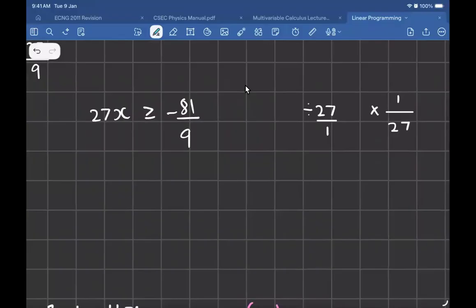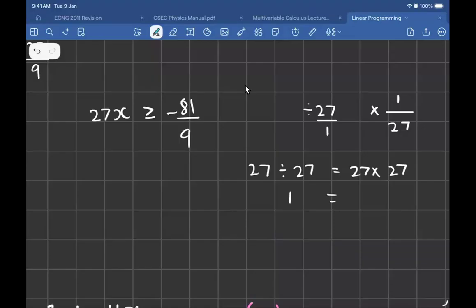Well, let me look at something that's logical. Are you telling me that 27 divided by 27 means 27 multiplied by 27? Because that's what you're telling me. It's telling me that divided by 27 is the same thing as multiply by 27. That wouldn't make sense, because 27 divided by 27 is 1.